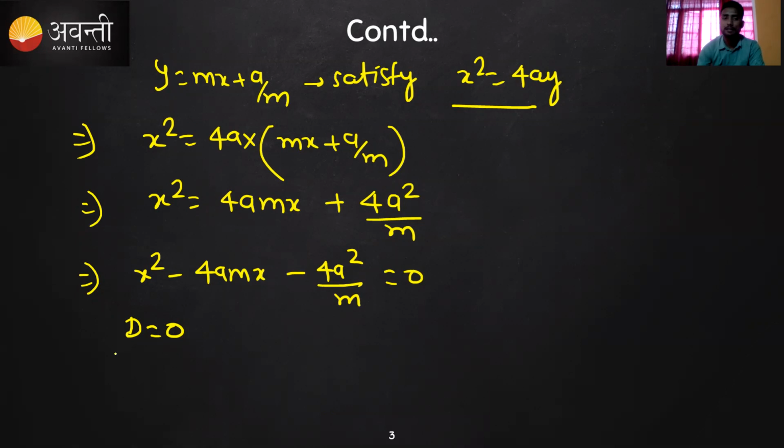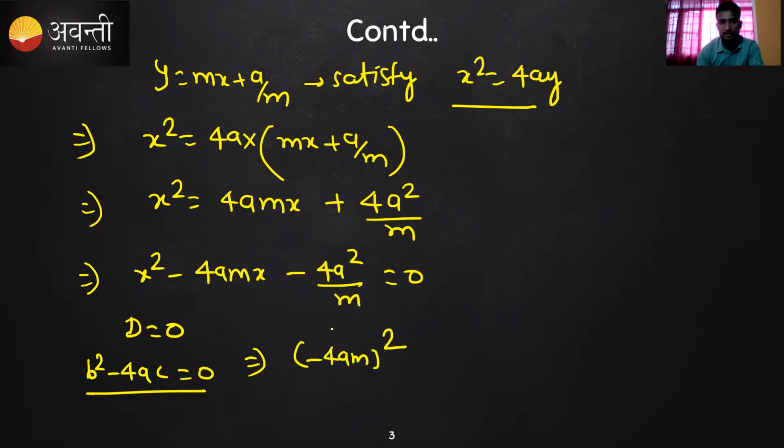D is basically the discriminant. I think everyone knows b square minus 4ac is equal to 0. So from here we apply this to x square, minus 4am, so it is minus 4am whole square. It is b here. Then minus 4 into 1 into c, where c is minus 4a square divided by m.